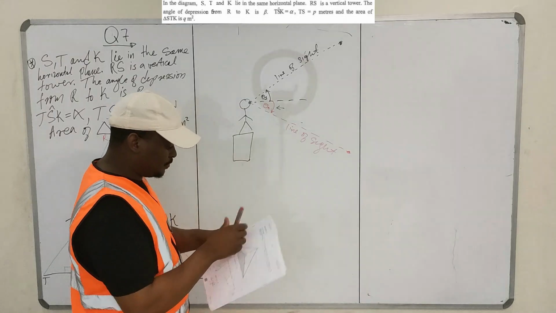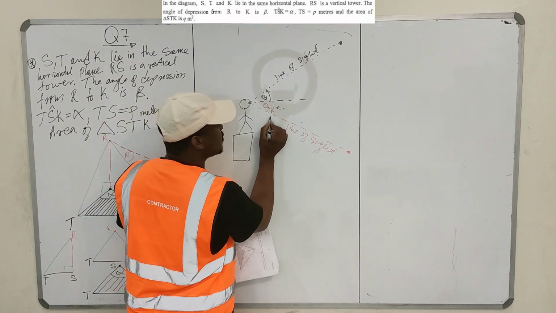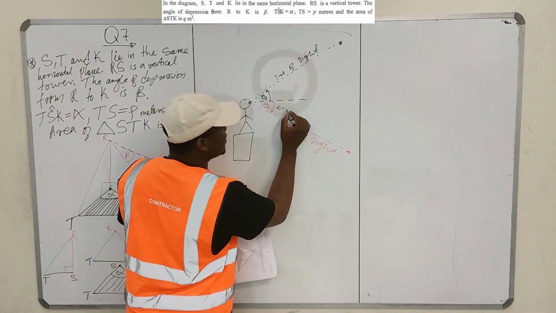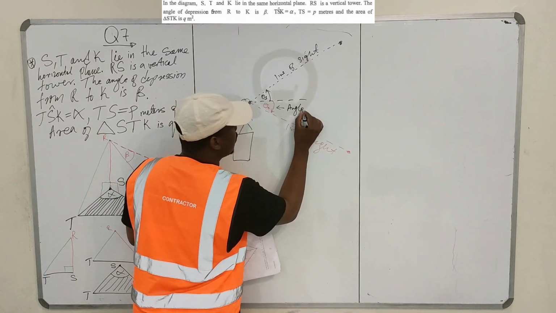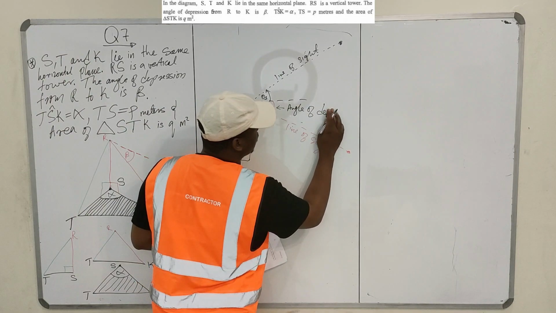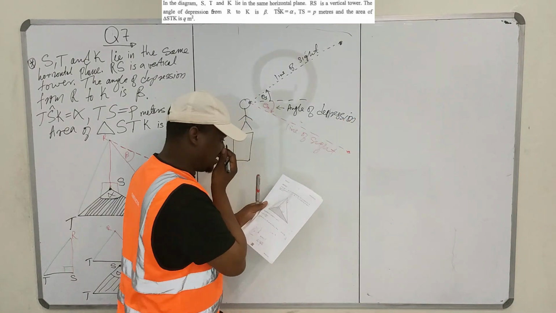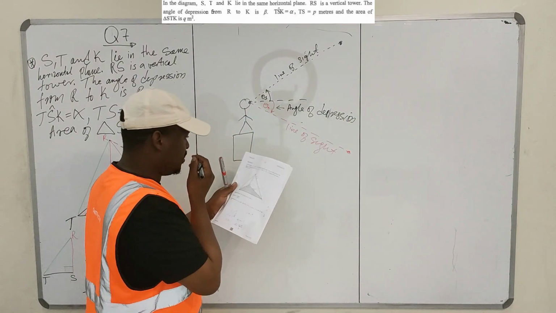So this angle, measured from the horizontal to the line of sight down here, is the angle of depression. Hope this is the correct spelling for depression. Looks like it.